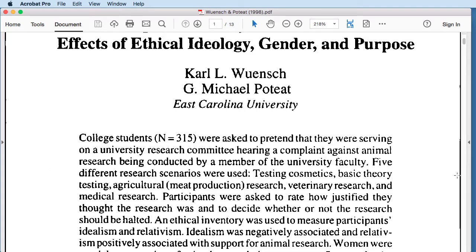And participants were also asked to take an ethical inventory, which measured their idealism and their relativism. So idealism would be, for example, the more idealistic a person would be, the less likely they would want the research to continue under no circumstances, regardless of the benefits to society.